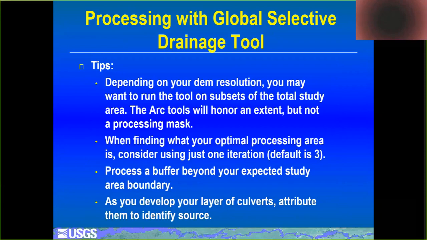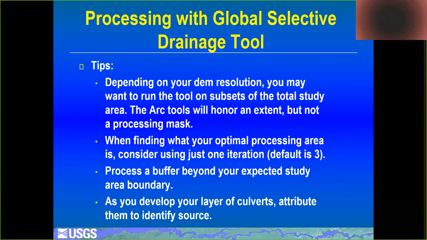It's more helpful if you specify an extent, and the tools that the toolbox uses will honor a processing extent but not a processing mask, so that's something to keep in mind. But if you can chunk it out in sections, that will get you progress faster than if you give it one massive area and make it process all the way through that.